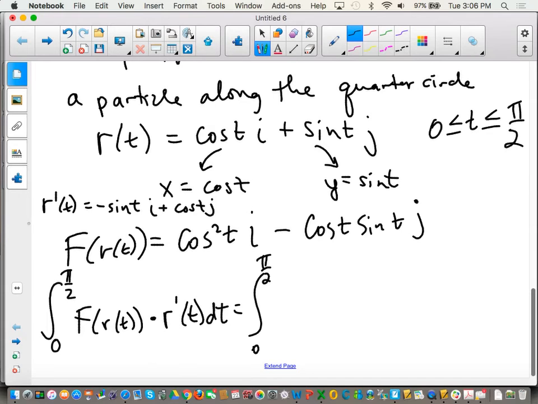So this dot r prime is going to be cosine squared of t times negative sine of t, or negative cosine squared t sine of t, plus this negative cosine t sine t times cosine of t. That would end up being negative cosine squared of t sine of t dt.